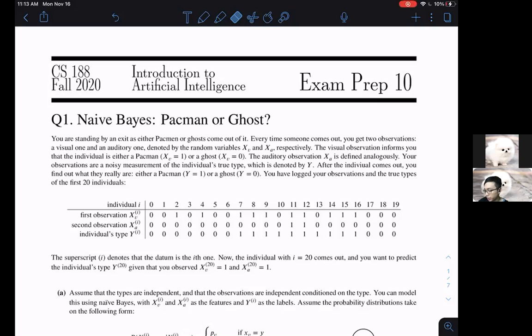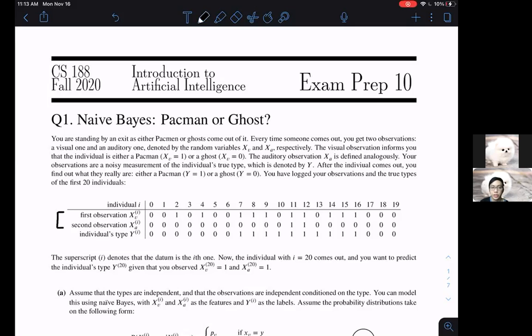Those are represented by the two variables, xv and xa respectively. From the results of observing those two things, we can gauge whether the person or thing coming out is a Pac-Man, where it's equal to 1, or a ghost if it's equal to 0.